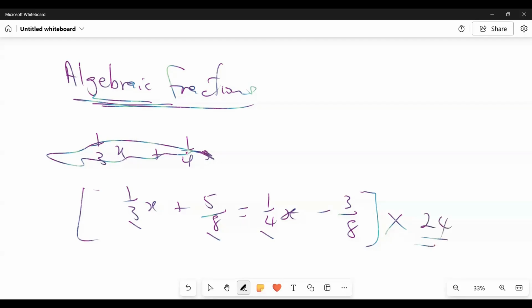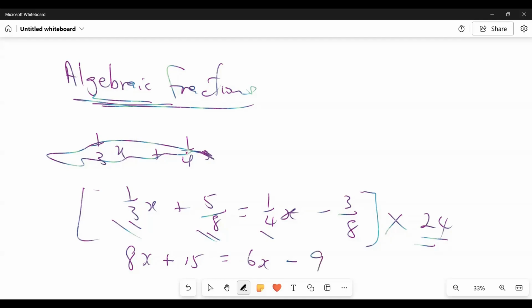You multiply everything by 24, and it will get rid of all these fractions, because 24 by 1/3 is going to be 8. You get 8x. 24 by 5/8 is going to give you what, 15? Equal a quarter by 24, you get 6x, minus 3/8 by 24 will give you 9, right?